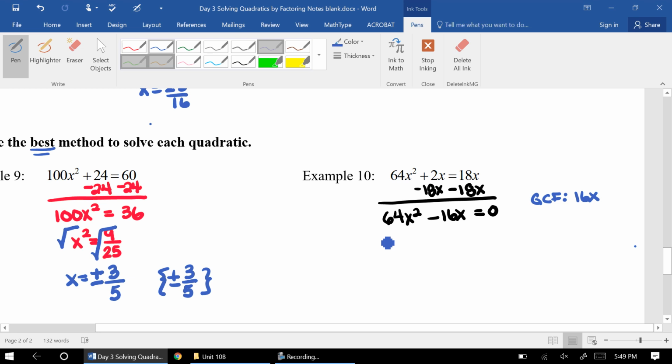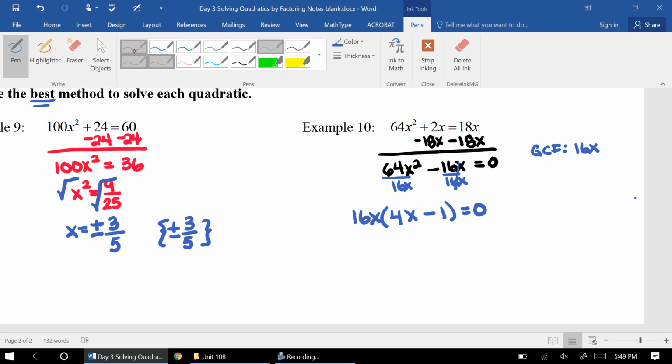So if I take 16x out of the first term and 16x out of the second term, 16x is on the outside. 64 divided by 16 is 4. I'm going to count down on the x's. And this is going to cancel, leaving me with 1 equals 0.